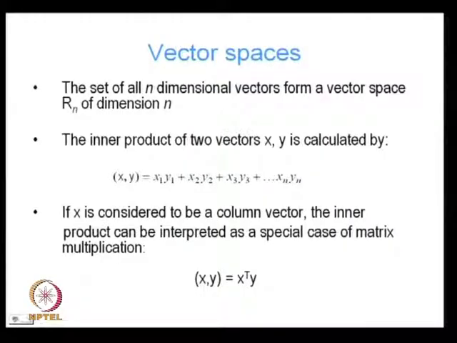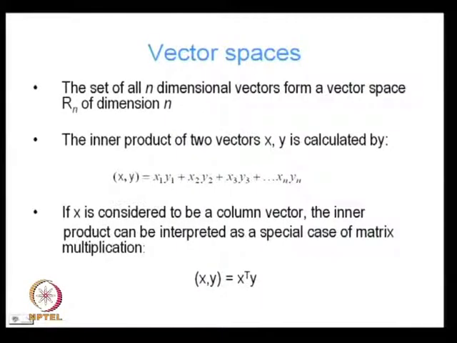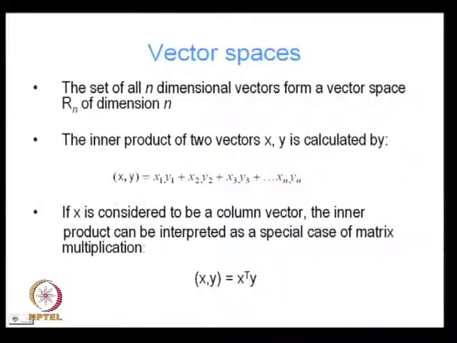Next, we want to talk about vector spaces. The set of all n dimensional vectors forms a vector space Rn of dimension n. For instance, the set of all 3-dimensional vectors forms a vector space R3 of dimension 3. Similarly, for 2 dimensions, the set of all 2-dimensional vectors forms a vector space R2 of dimension 2.